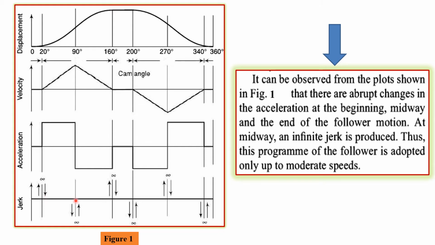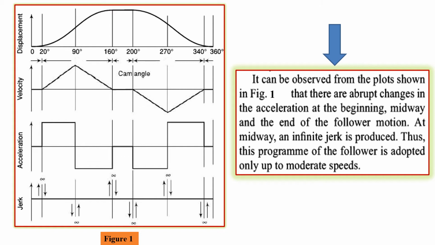When the follower is at half of its total lift position, it is again observing an infinite jerk. When the follower has completely been lifted up, it is again observing an infinite jerk. The same is the condition for the return of the follower also.